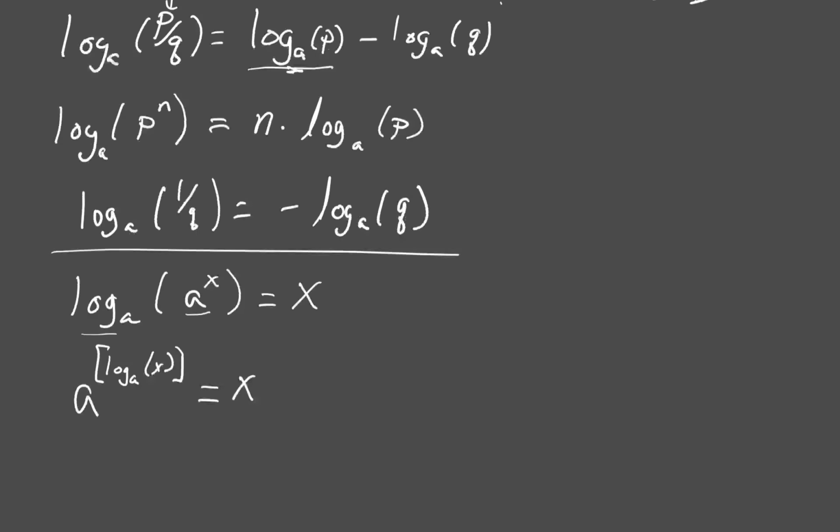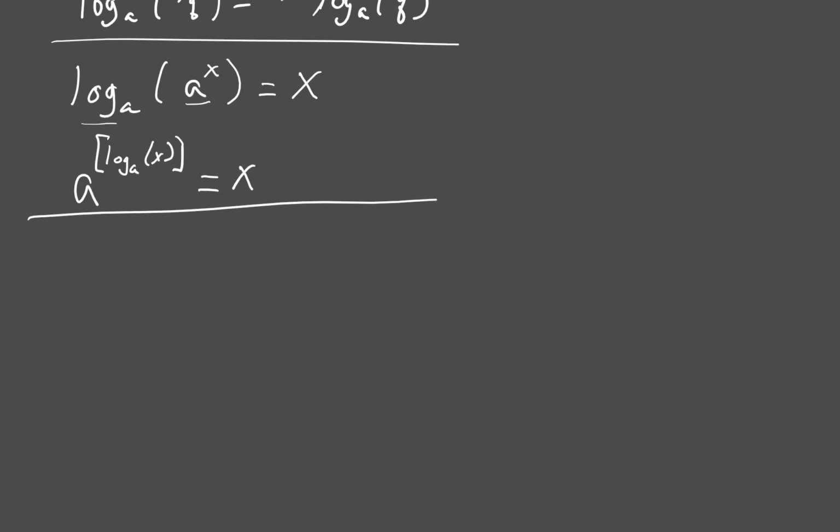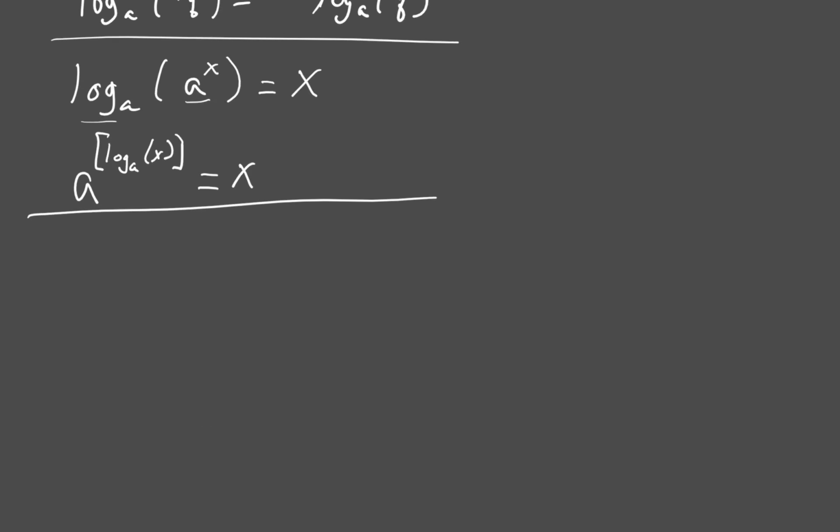And then finally I've got a change of base identity, which is really pretty useful when you're trying to find numerical values. So if I have log A of x, like maybe I had log base 2 of 10, and I wanted to find a numerical value, but my calculator doesn't do log base 2.